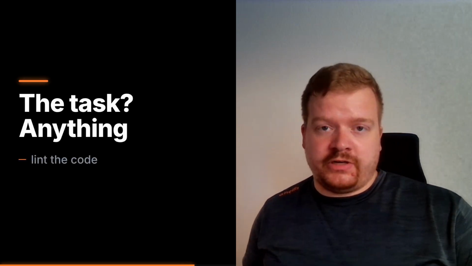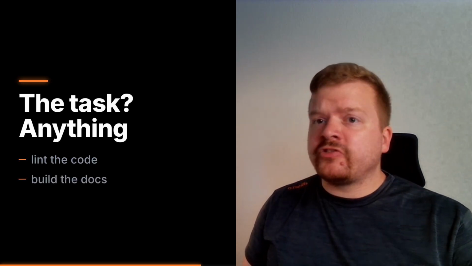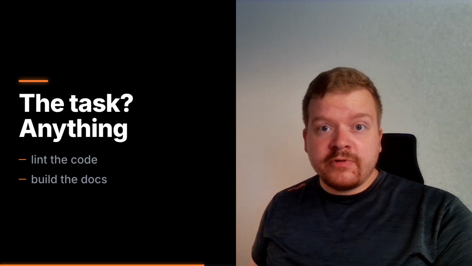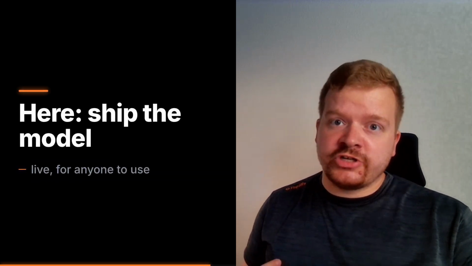The task that is done is, for example, linting the code in order to keep code quality high, or creating the newest documentation about it. Here we want to use it in order to deploy a new version of your machine learning model into an app so that people can actually use it.